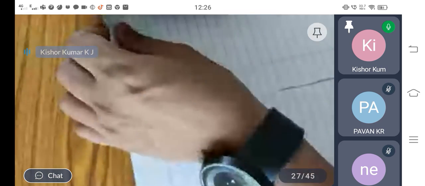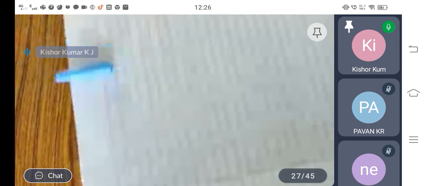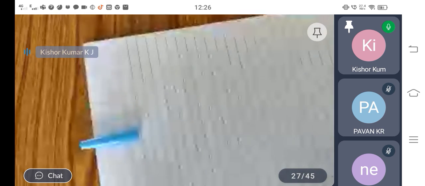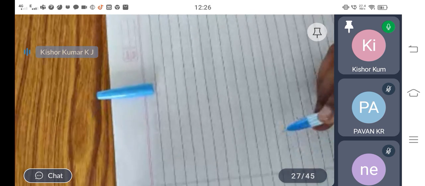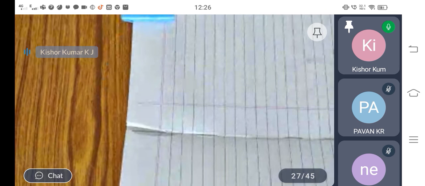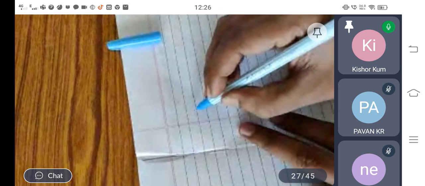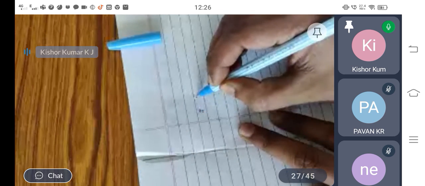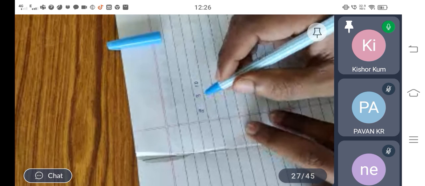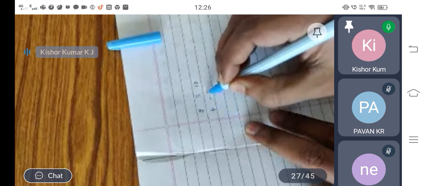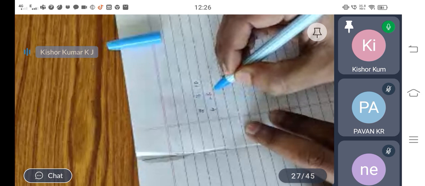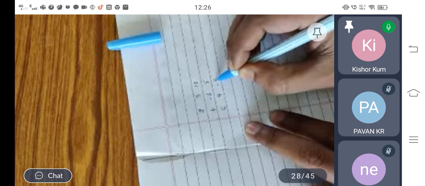We will mention the given matrix as it is. As per our calculation, first I need to mention the matrix. What is the matrix we have? It is 2, 3, 10. Correct? 2, 3, 10, 4, minus 6, 5, and 6, 9, minus 20.